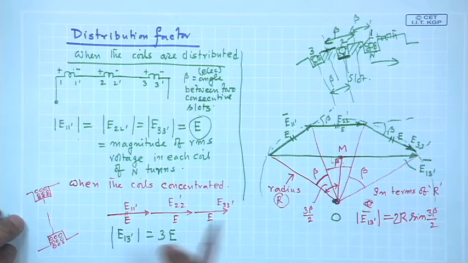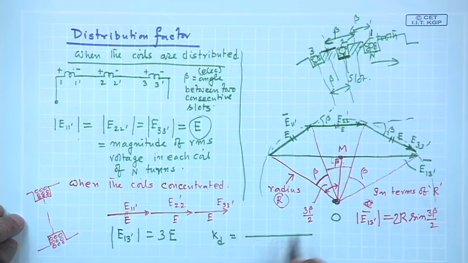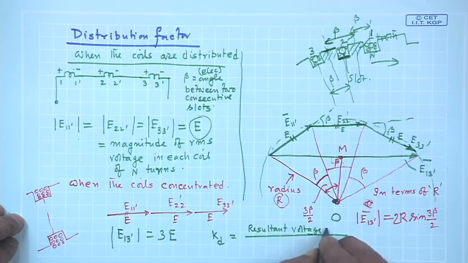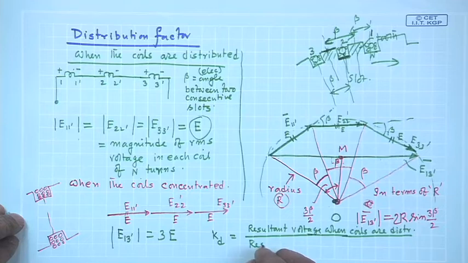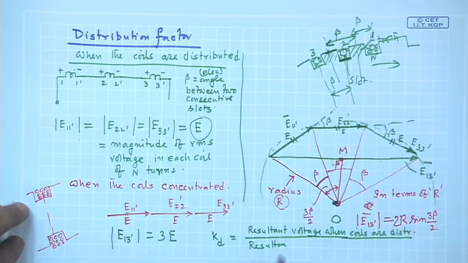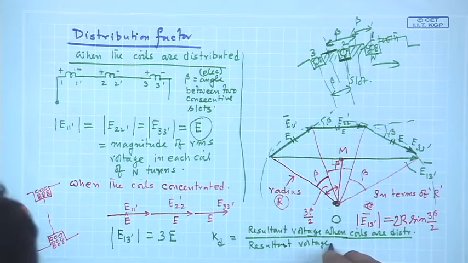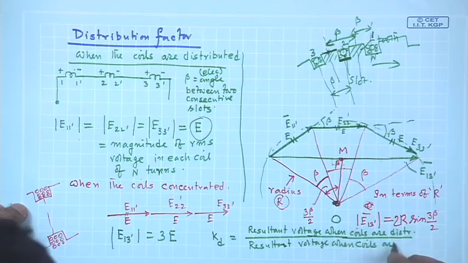Now, the ratio of these two is called the distribution factor, and it is the resultant voltage when coils are distributed divided by the resultant voltage, the magnitude of the voltage when coils are concentrated, same number of turns concentrated.